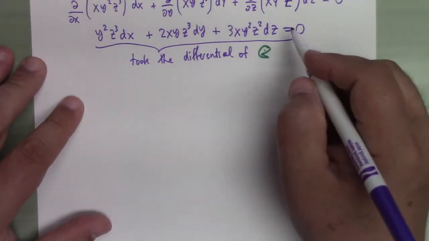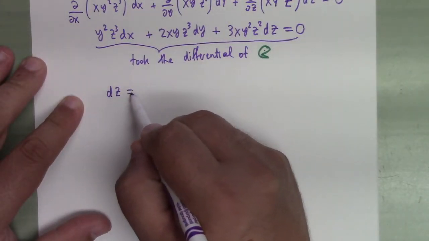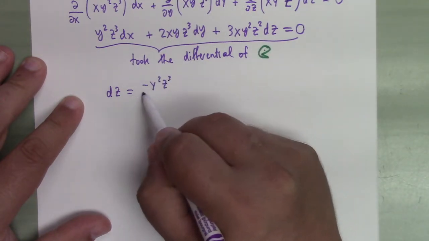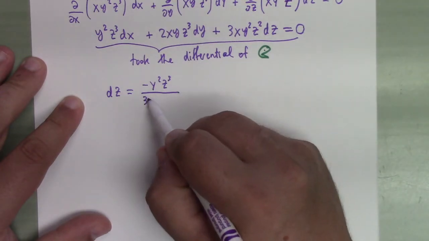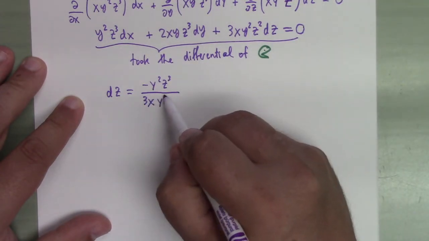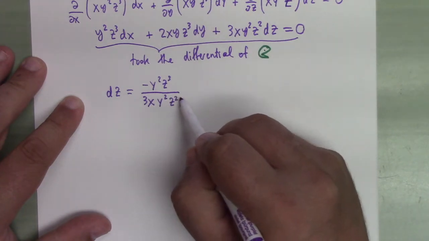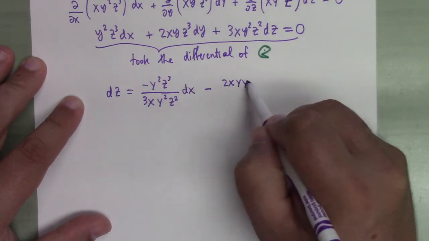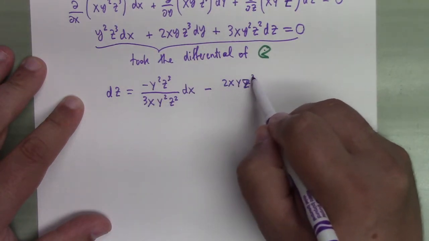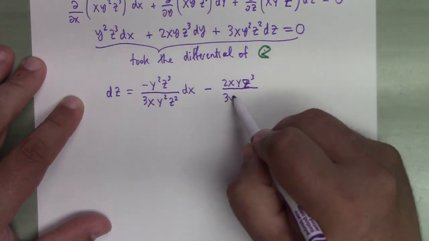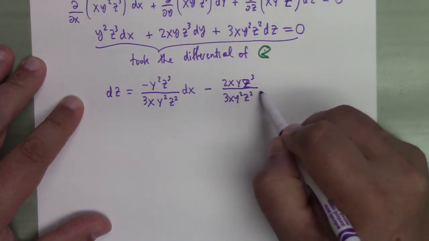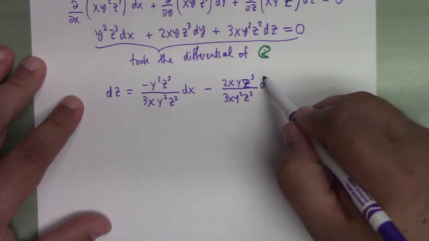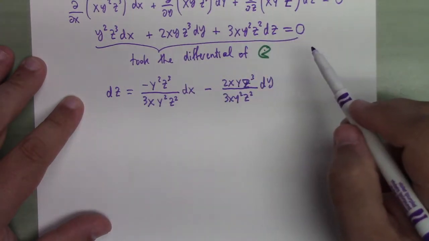Like, for example, if I solve this for dz, it is equal to minus y squared z cubed over 3x y squared z squared dx, minus 2x y z cubed divided by, again, 3x y squared z squared, this one was from dy. The minus is because I moved it to the other side of the equation, all right?